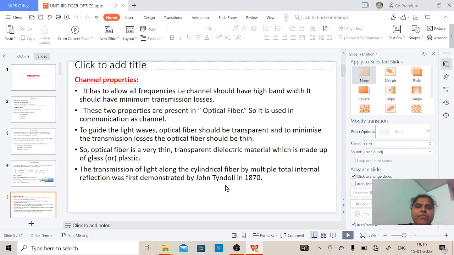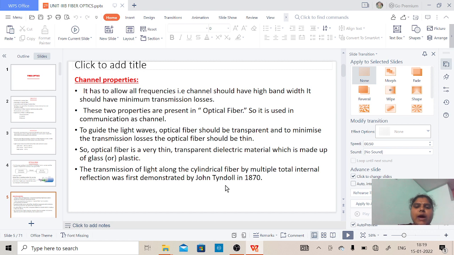Since we are using the fiber as a channel, the channel should possess some special properties. It has to allow all frequencies, that is, the channel should have high bandwidth, and it should have minimum transmission losses. That means it should allow any type of frequencies through the channel.